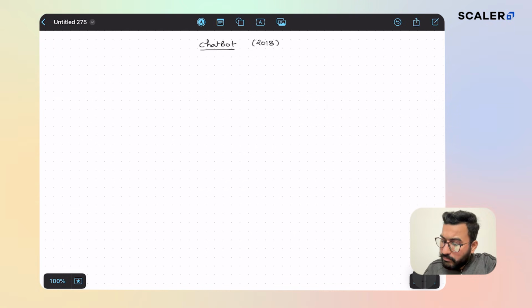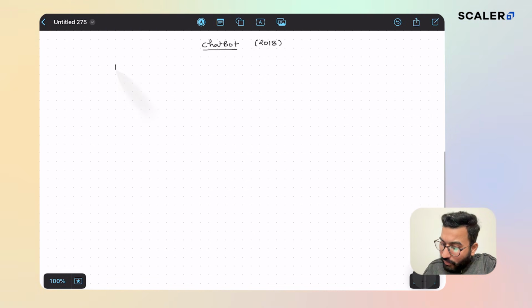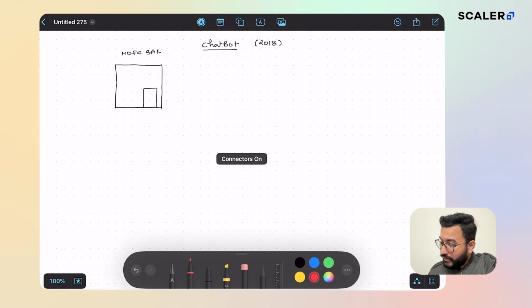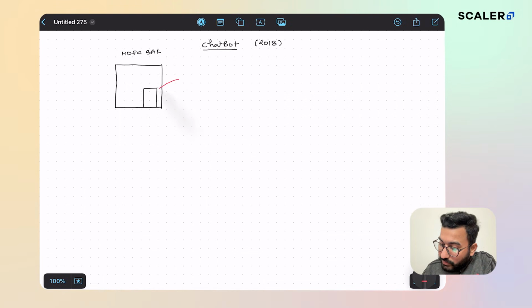A very simple example of this chatbot can be seen over a website, so let's take the example of a banking website, HDFC Bank. When you go to this website, you will find a small pop-up coming from the right side, which is basically known as the chatbot. So this is your chatbot.